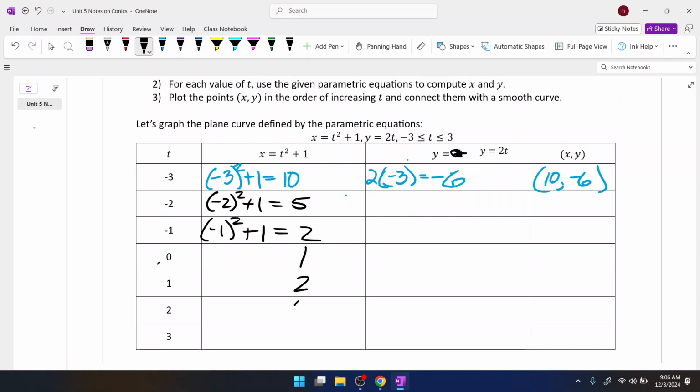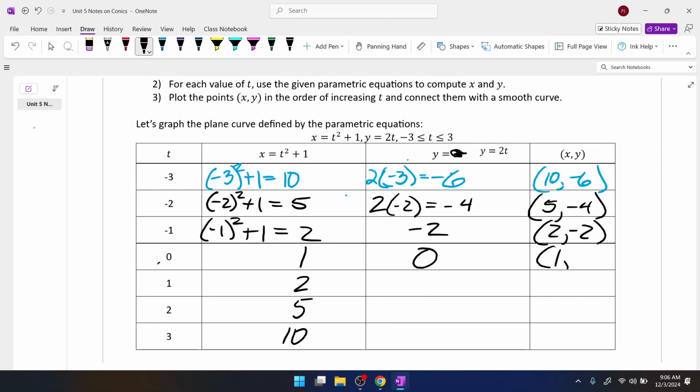This will be a 2, 5, and another 10. So 2 times -2, that's -4. So you'd have 5 with negative 4. This is negative 2, 0. And this is going to be a 2, 4, and 6.